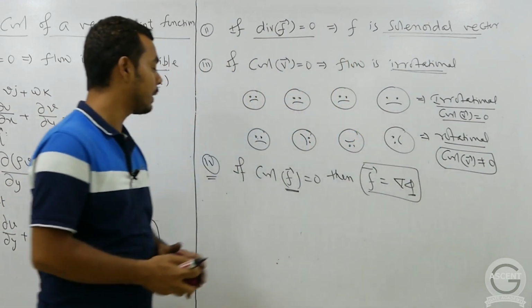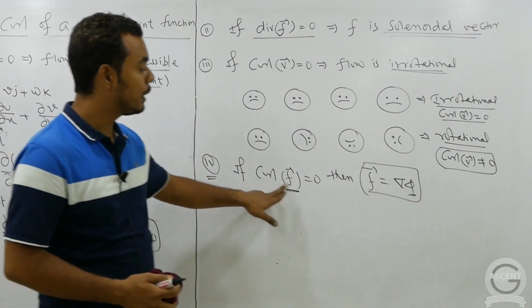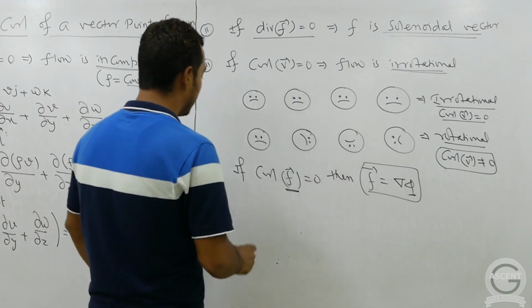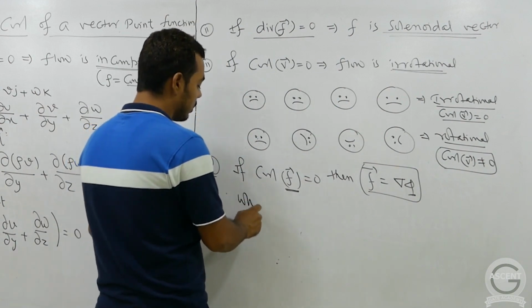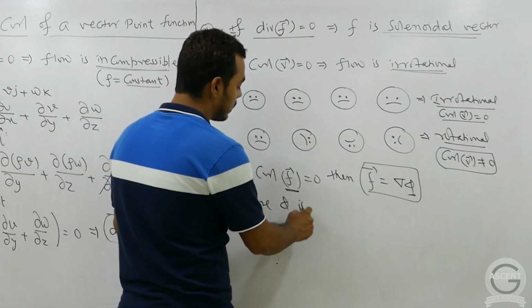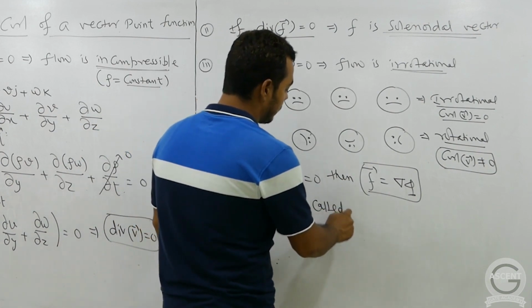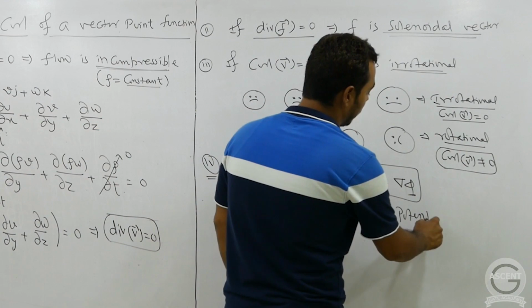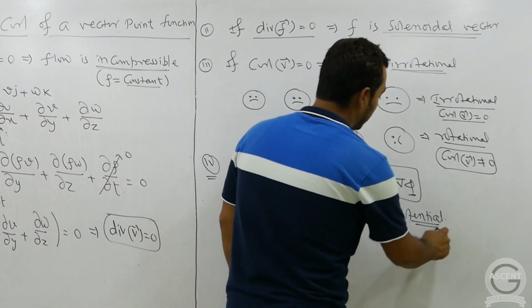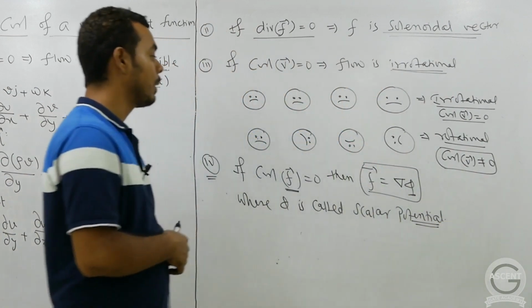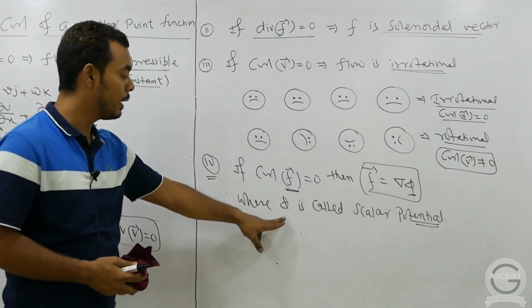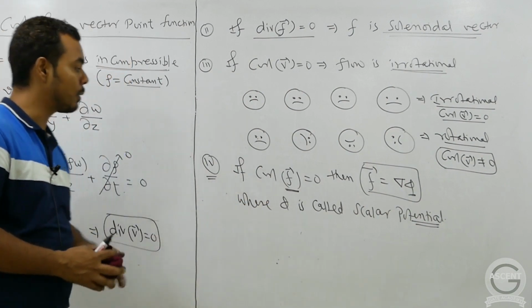So for any vector, if curl is 0, then you can write that function as gradient of phi, and this phi is called scalar potential. So this is a very important point. If for any vector curl is 0, then it means you can write that vector as gradient of some function phi, and this phi is called scalar potential.